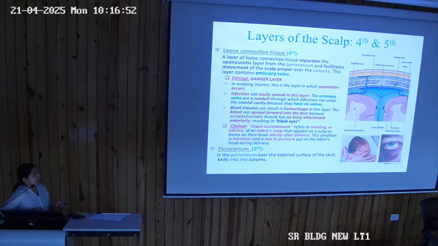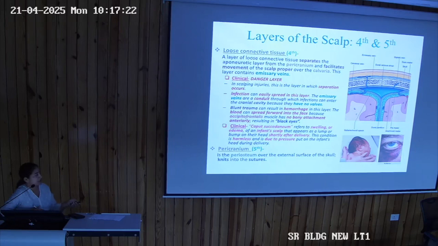Next is caput succedaneum. So what is caput succedaneum? Caput, you can understand, is again related to the skull cap. During delivery, if pressure is applied onto the fetal head, all the layers come up from the loose connective tissue and the pericranium, and a space is created leading to a swelling over the head of the baby.